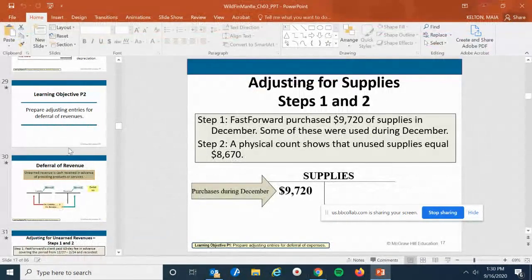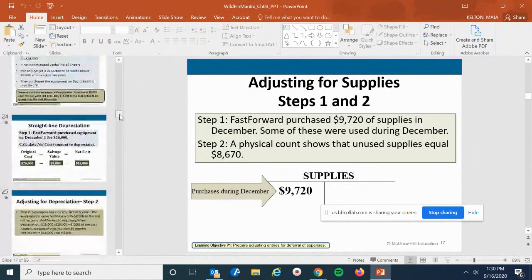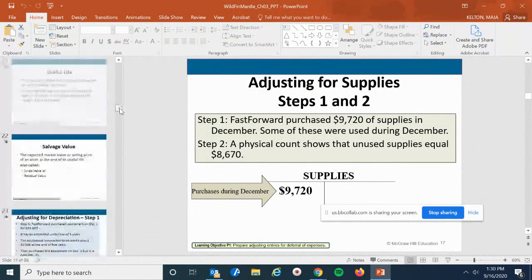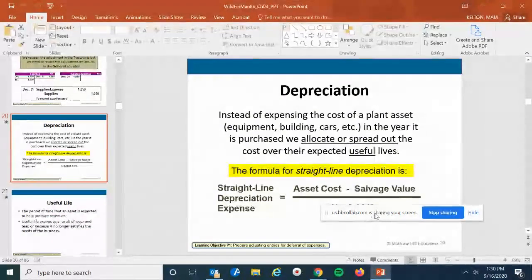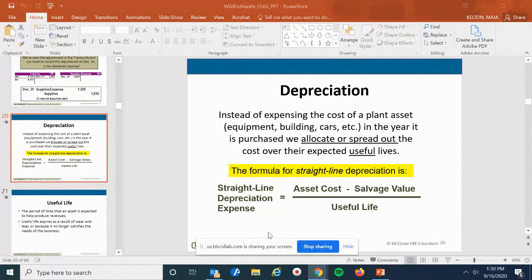I just wanted to real quick go over depreciation one more time. So I'm going to go back to slide 20. And I apologize, I don't mean to sound like a broken record, but you need to understand this depreciation deal. It's literally just the deferred expenses that we covered, except this goes with long-term assets.